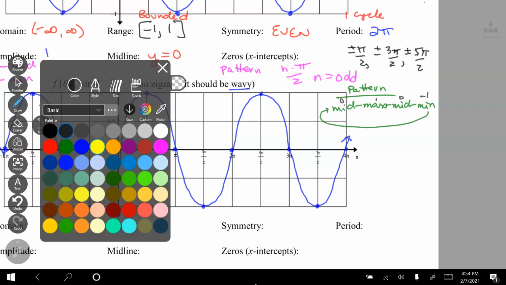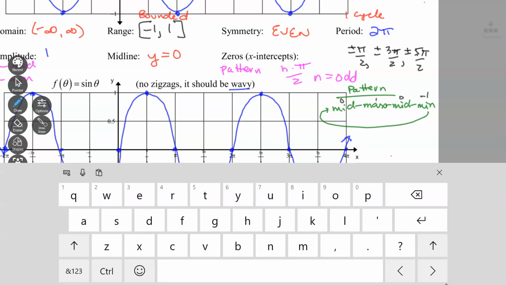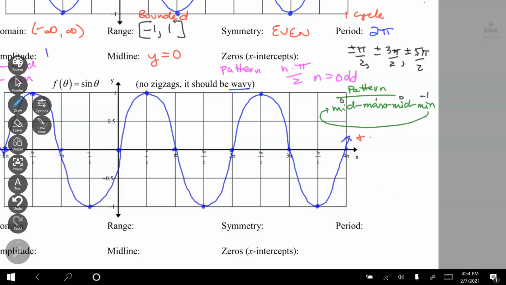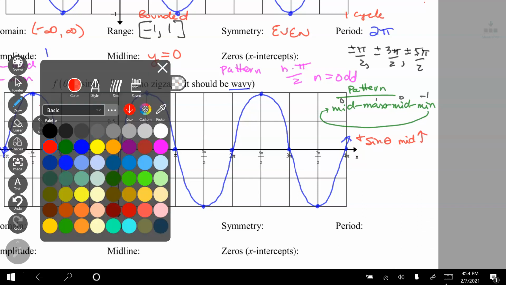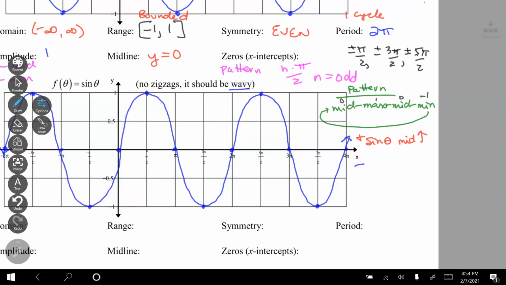Therefore, if we have a positive sine graph, a positive number in front, it starts at the midline and goes up from there. If I have a negative sine graph, it starts at the midline and goes down from there, whether that number is positive or negative in front of it.